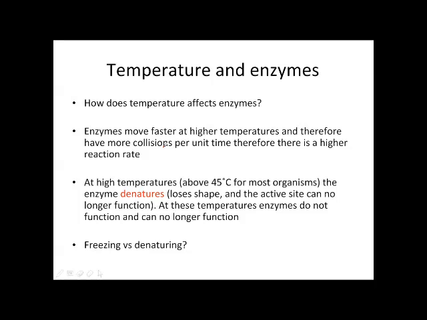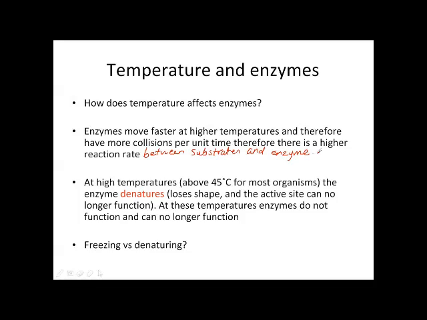So therefore, there's a high reaction rate between substrates and the enzyme.